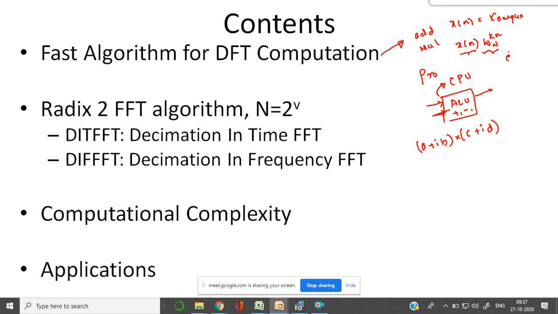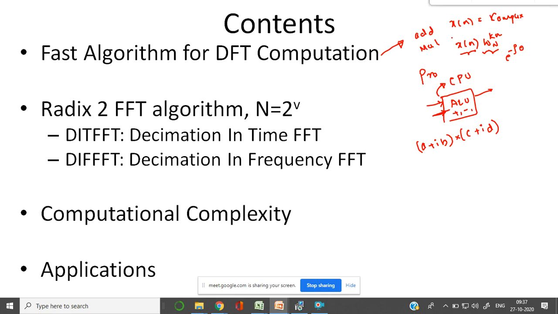And what is the twiddle factor? It is e to the power of minus j theta, which is nothing but cos theta minus j sin theta. So your input signal will be multiplied with a complex number, which means there will be complex additions as well as complex multiplications. That is what the computations performed in calculating the DFT.